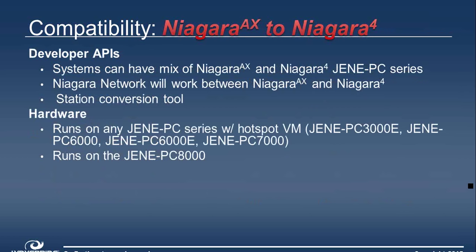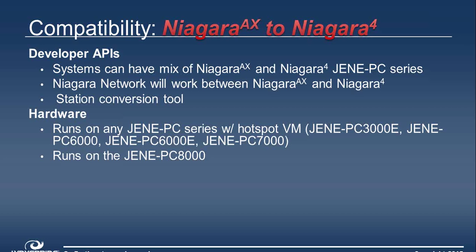Developer APIs have been kept in mind, in that they're going to have a mix of both Niagara AX and Niagara 4 stations and Niagara 4 and Niagara AX Jennies on the network. And so they'll be FOX network compatible, like I said, and even with the new security changes, the secure FOX connection will still speak between both.